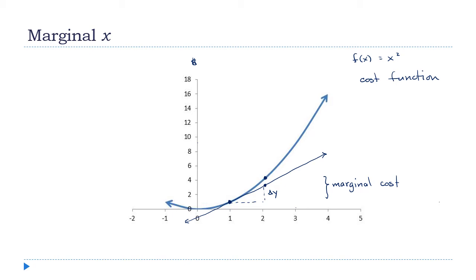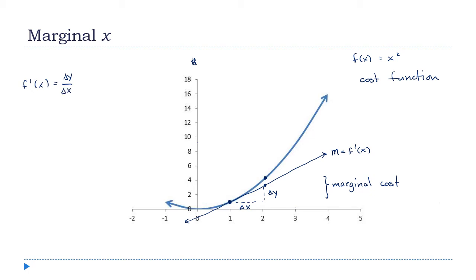So how can I do this? Well, look, what is the slope of this tangent line? The slope of this tangent line is f prime of x. But remember what I'm looking for. I'm looking for this delta y here. If this distance here is delta x, then f prime of x, the slope of the tangent line, is equal to delta y divided by delta x.